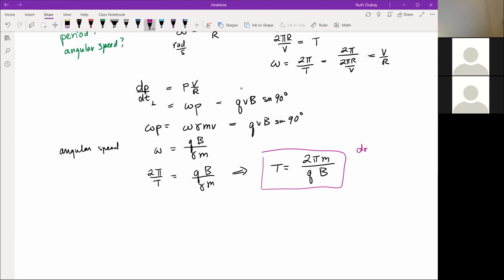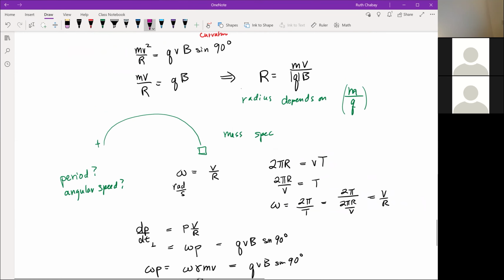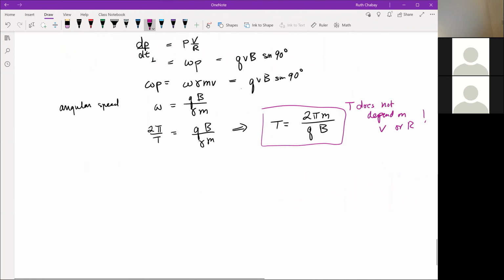The period does not depend on v, and it does not depend on r. All it depends on is the mass, the charge, and the magnetic field. That's actually a fairly interesting result, and this result is one of the key facts that makes cyclotrons work. And if we have time, we'll talk about how a cyclotron works.